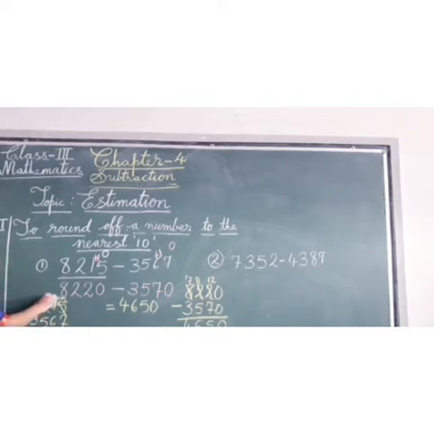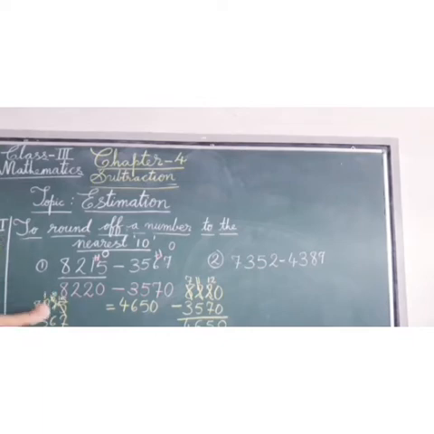In tens place we have 0, we cannot subtract, so we borrow and it becomes 10. 10 minus 6 gets us 4.